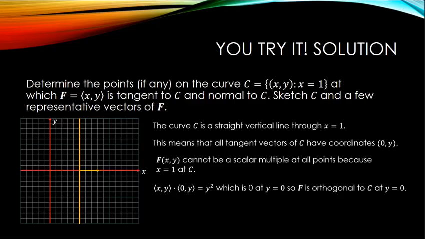I'm going to put in a few more representative vectors. There's a vector in quadrant 1 above the x-axis that points up and to the right, extending to the right from my line C. There's a vector in quadrant 4 below the x-axis that points down and to the left, also extending to the right of my line C.